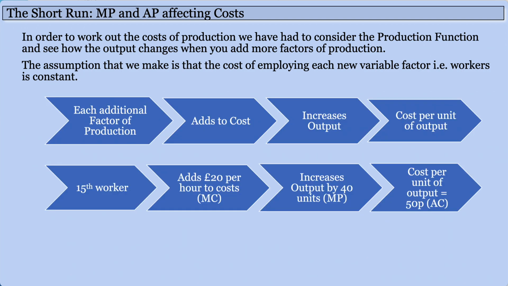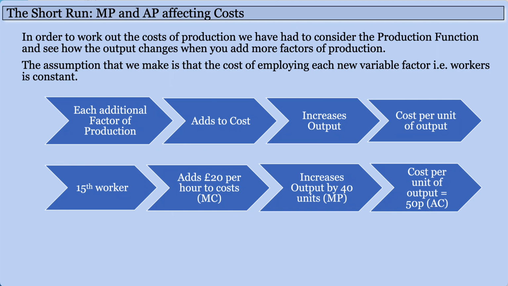So each additional factor of production adds to costs, increases output, therefore we get the cost per unit. So hopefully you can see that if you've got the 15th worker, we're paying them £20 an hour, they increase output by 40, so the costs for that unit of output are 50p, i.e.